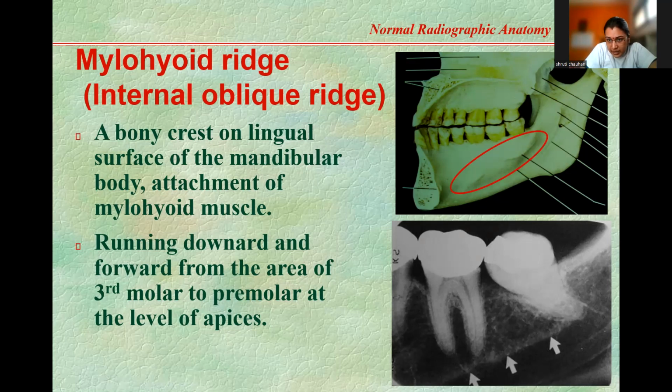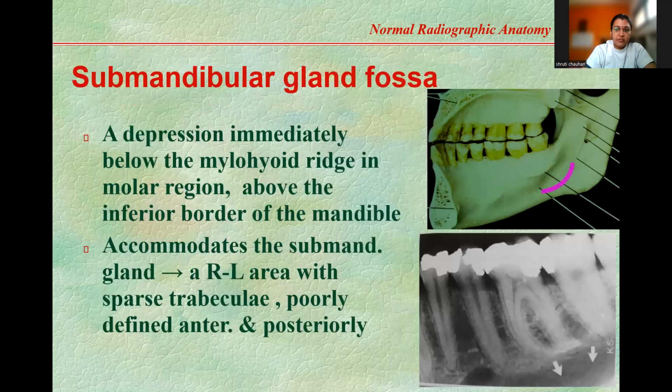Okay, what else can you see here? Okay, this portion below the alveolar ridge, this is the submandibular gland fossa, right? Whenever we're talking about your third molar region, you will always have your submandibular gland fossa, which is here.